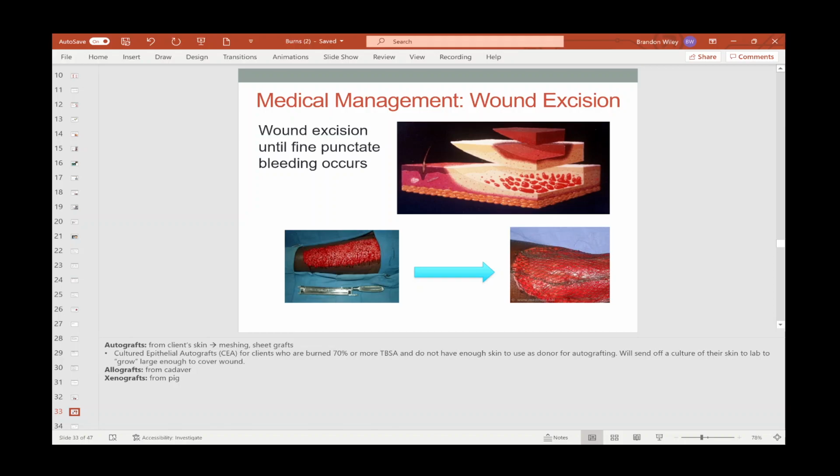And then there's xenograft skin, and that's pig skin. So the only skin that you're actually going to be able to grow and it's not going to reject is going to be your own. The rest of them, we have to cover you up. You're going to wind up with some crazy infection. So we have to get you covered up.